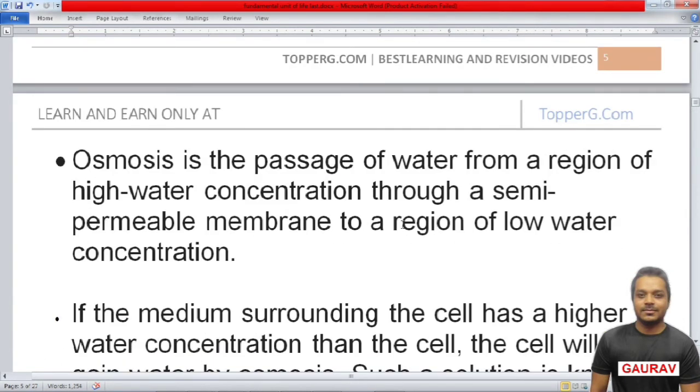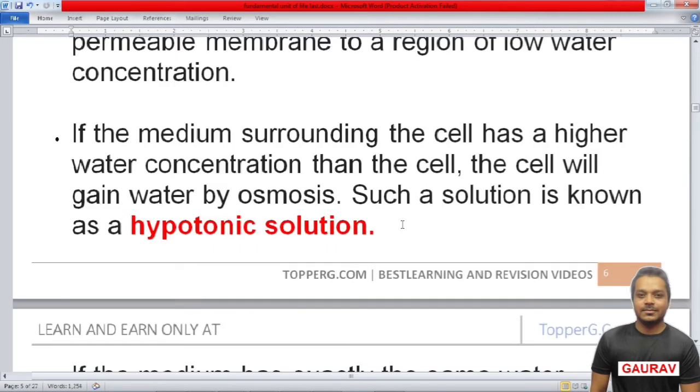Osmosis is the passage of water from a region of high water concentration through a semi-permeable membrane to a region of low water concentration. If the medium surrounding the cell has a higher water concentration than the cell, then the cell will gain water by osmosis. Such a solution is known as a hypotonic solution.